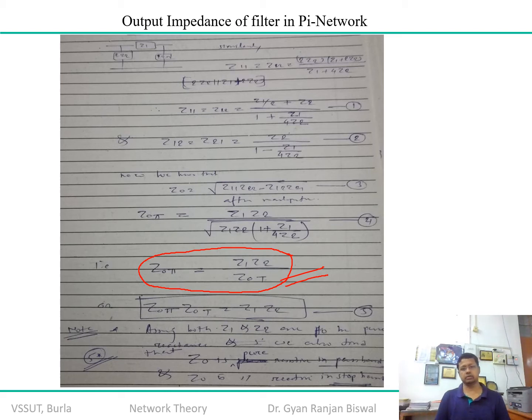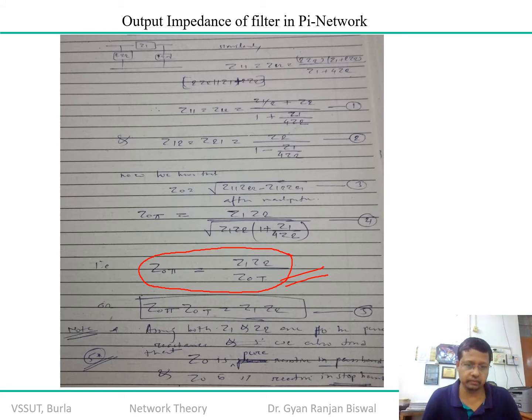And this Z1 Z2 should be further equal to R naught square, and you get that value only if Z1 upon 4 Z2 is greater than -1 but less than 0. Very important slide. I hope that you got this condition, in which circumstances you will get Z naught pure reactive and pure resistive.